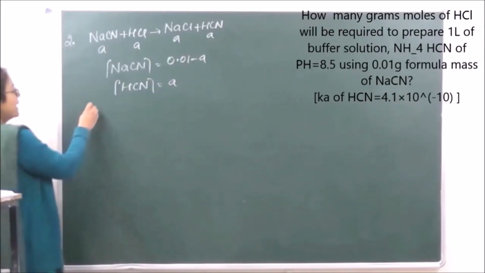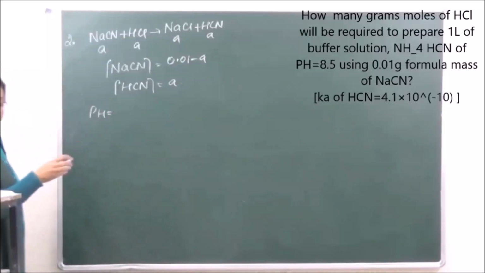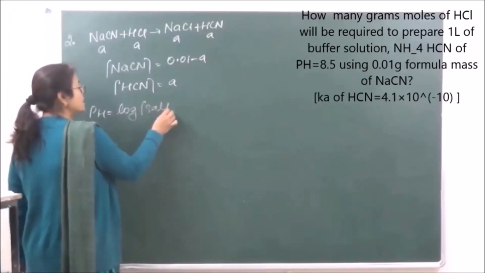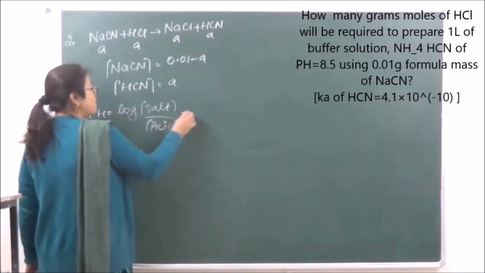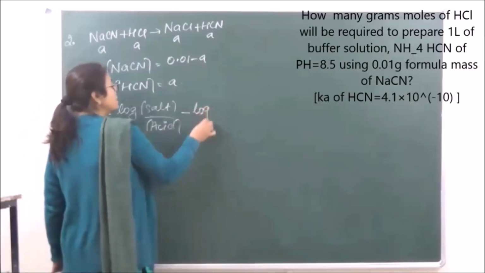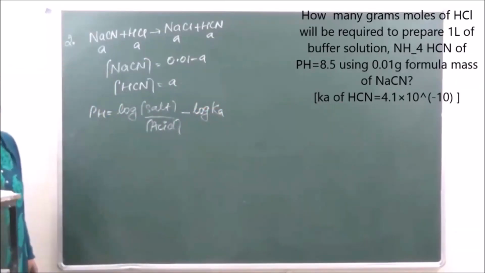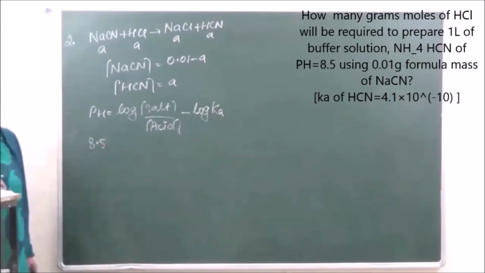Okay? Now how do we calculate the pH? pH is equal to log of concentration of salt upon concentration of acid minus log of Ka. Okay? So let's put the values over here. pH is given to us in the question as 8.5.